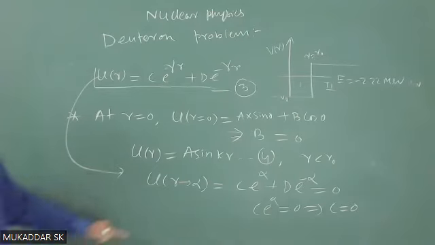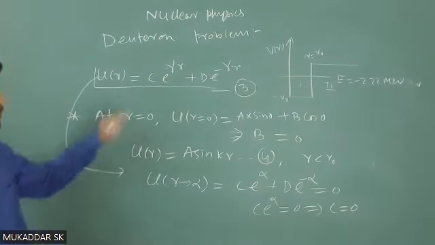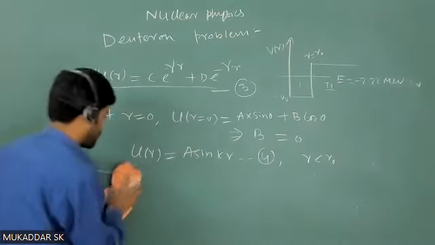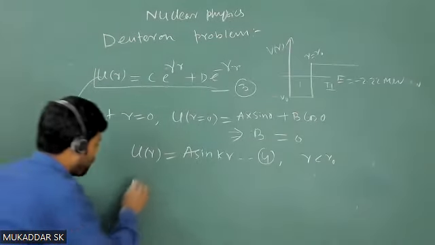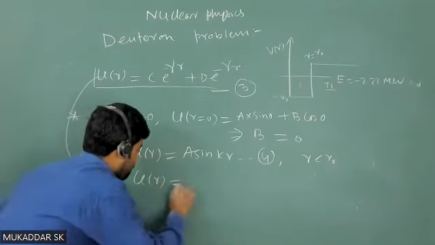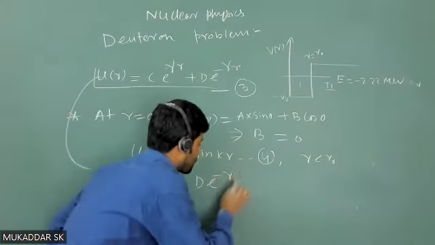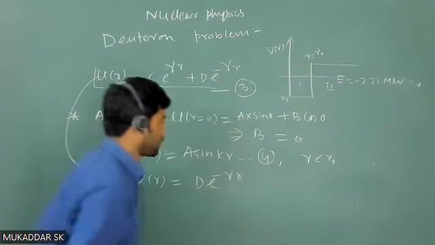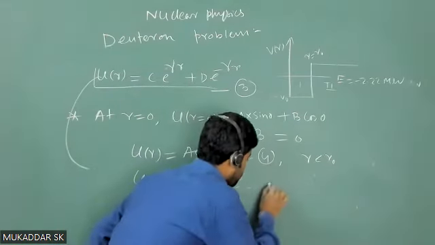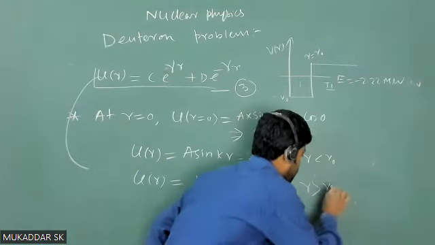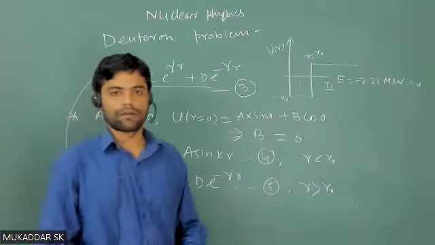Now if you substitute c equals 0 in this equation, then u of r will become d exponential minus gamma r. This will be your equation number 5, when r is greater than r naught.